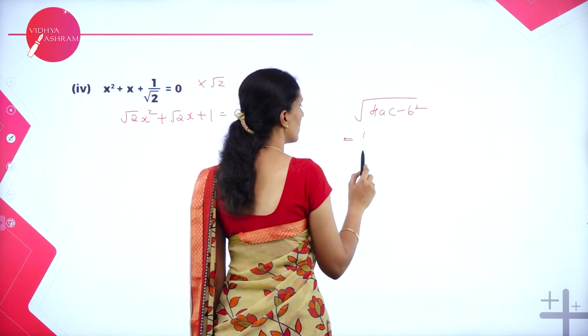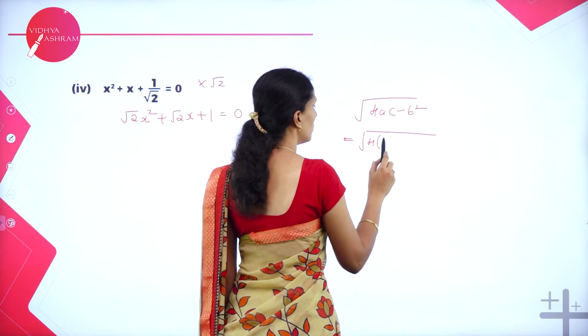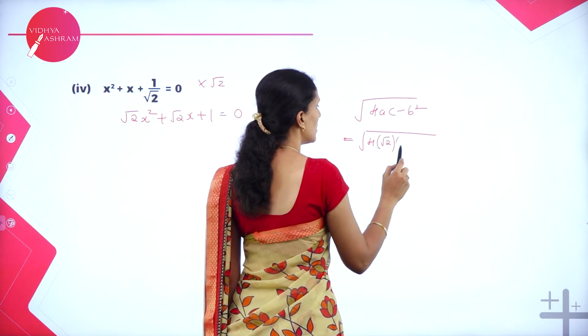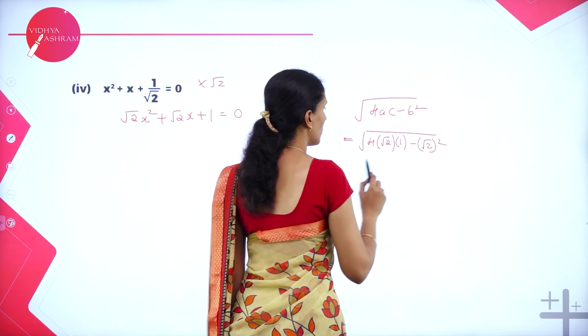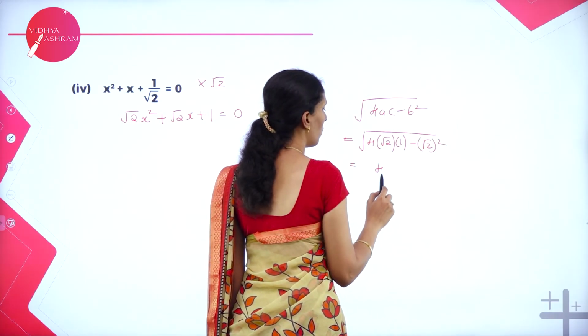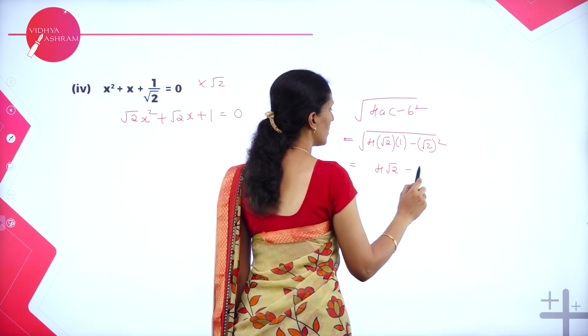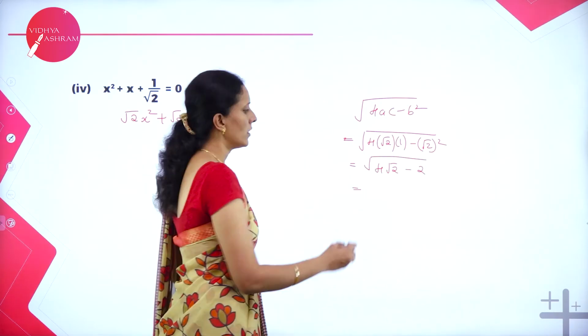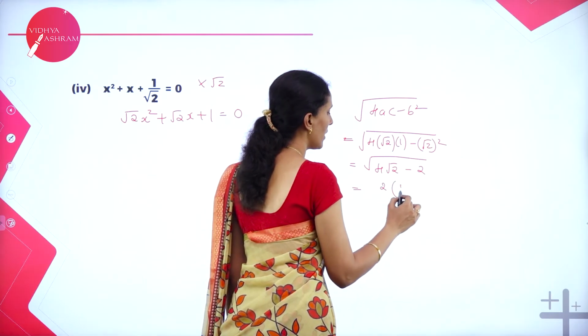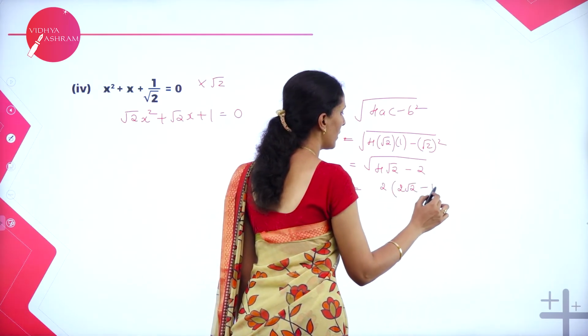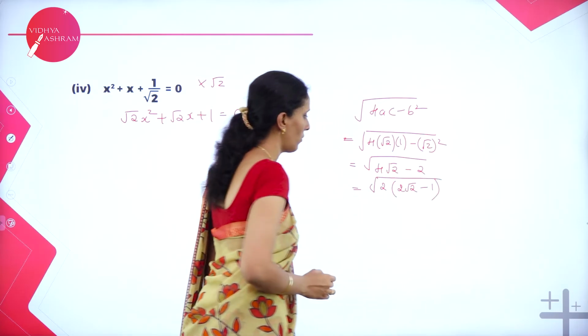Here it is square root of 4 into root 2 into c, which is 1, minus root 2 whole square. So here it is 4 root 2 minus 2. So take 2 as a common factor here. Then you will get it as 2 root 2 minus 1 under the square root.